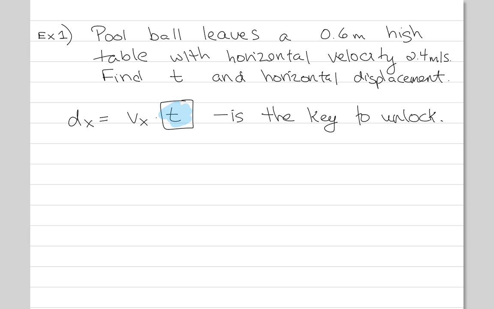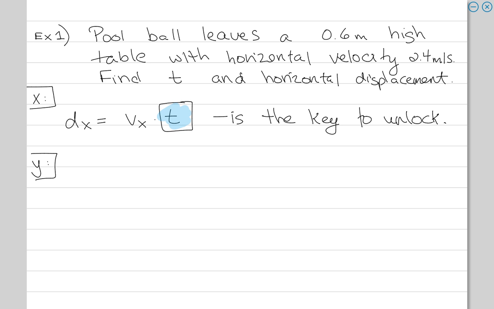How to find t? Well, we got to use the other component. So use the y component. All this business here is like your x component stuff. We need to use the y component. All right, so we got to go to the y coordinate here, or the y vectors.